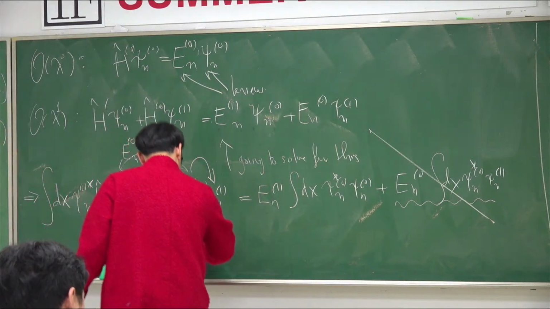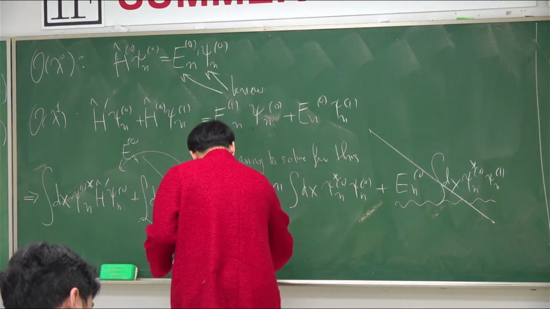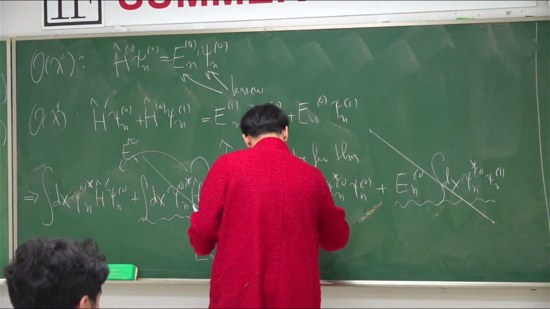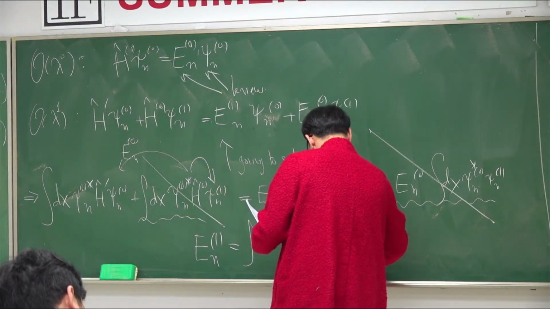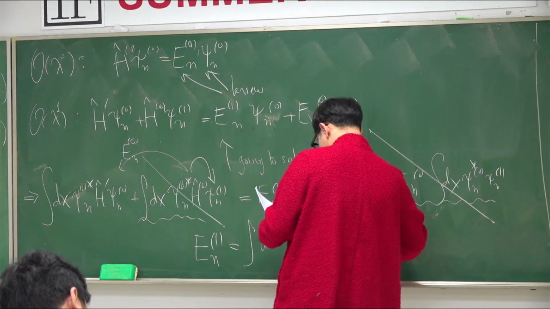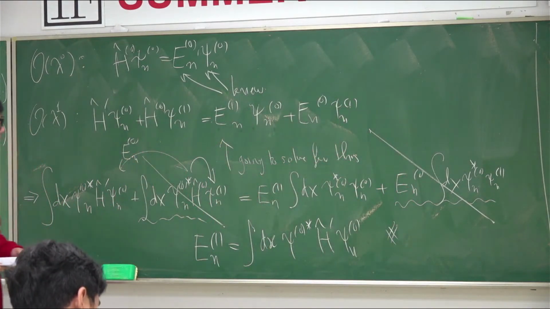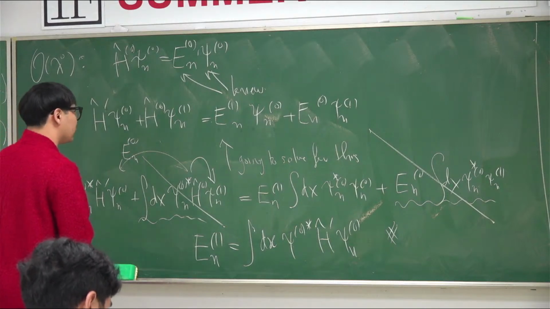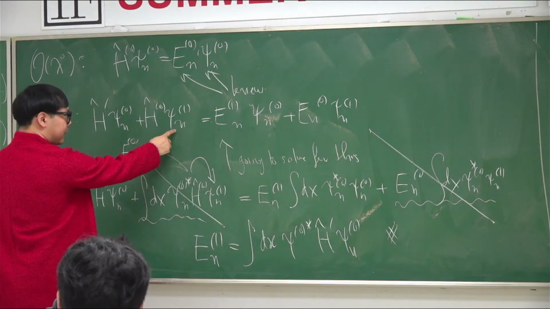So at the end, you will get that the first correction of the eigenvalue is this one. All right. Now you get the first correction of the eigenenergy. So next, we need to solve for this one.